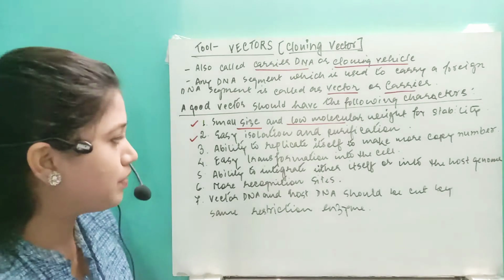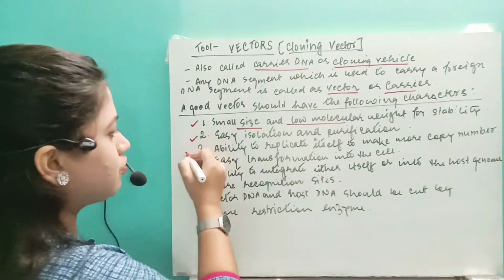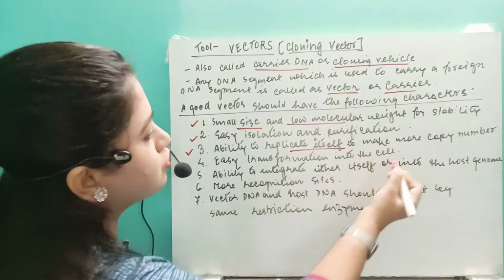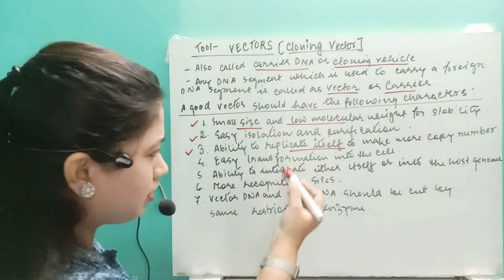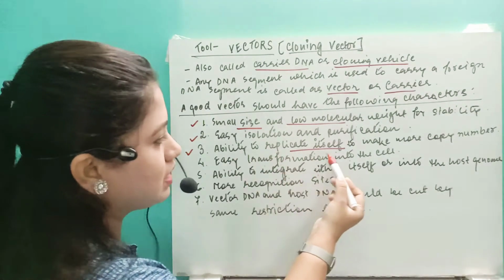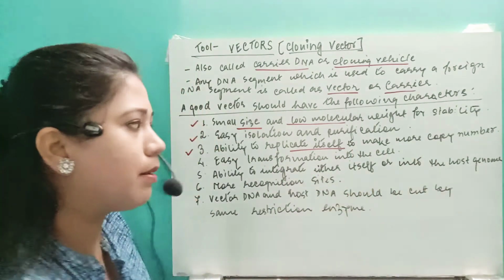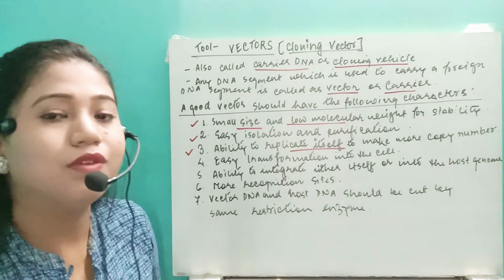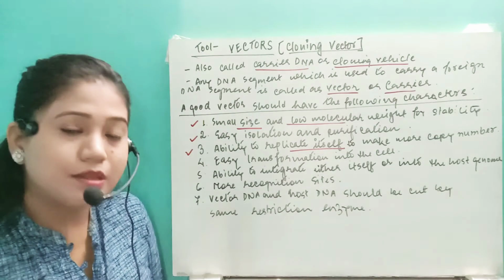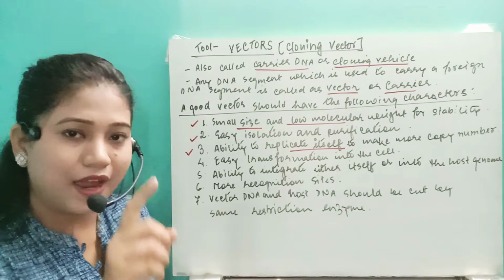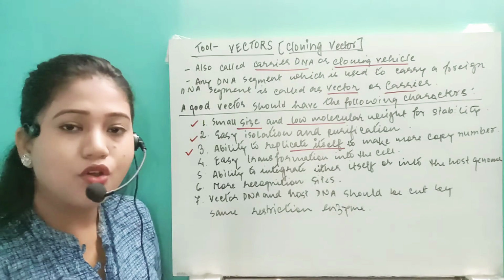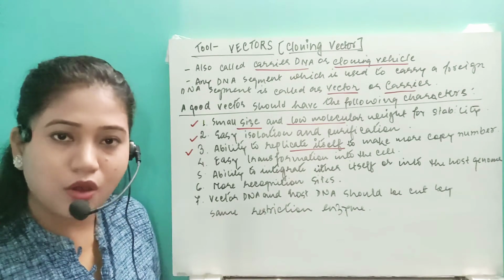Next one, ability to replicate itself to make more copy number. Whenever we make one plasmid, suppose one vector, that vector has our gene fragment. It will be introduced into the host body.